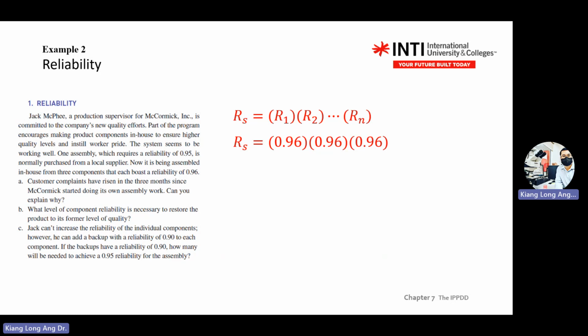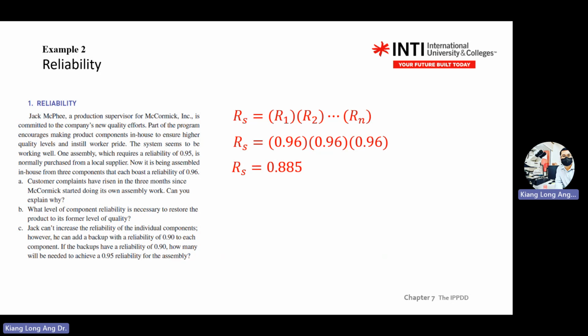This is built in-house. So what you assume is that when you build in-house, you have a series system where you build 3 components together, because the question says in-house using 3 components.